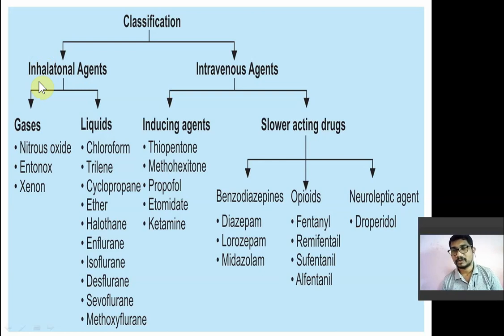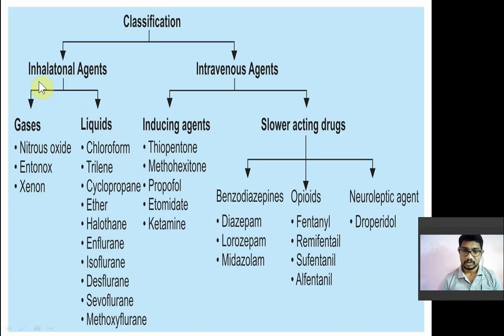There is another one known as local anesthesia. In local anesthesia, there is a reversible loss of pain sensation, but there is no loss of consciousness. General anesthetics are the drugs or chemicals that relieve all the modalities of pain sensation.